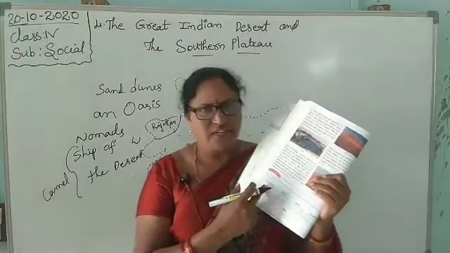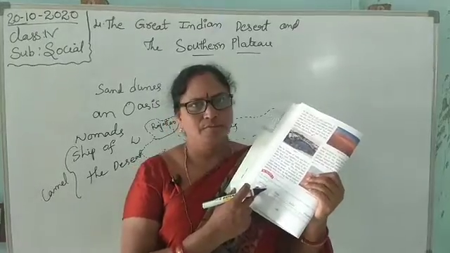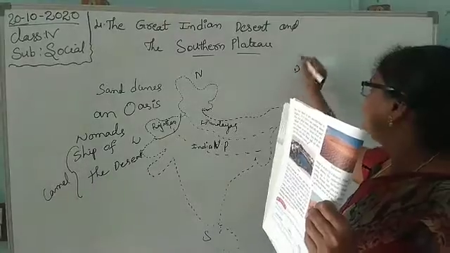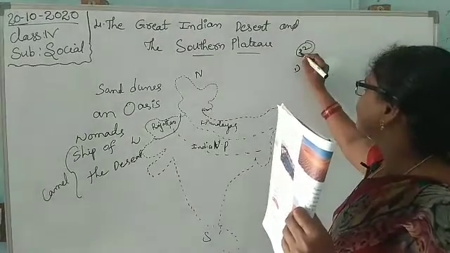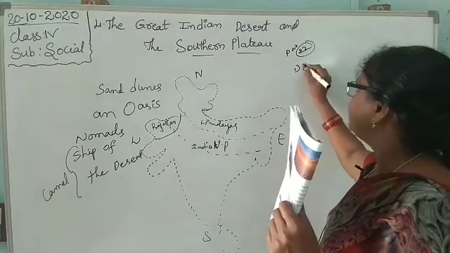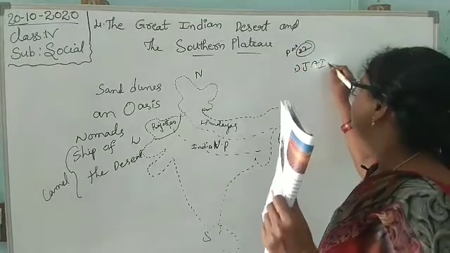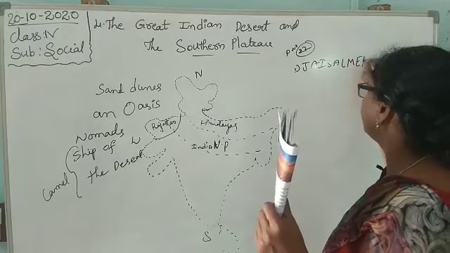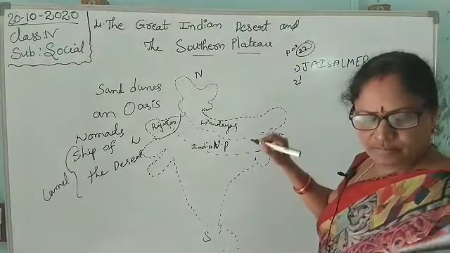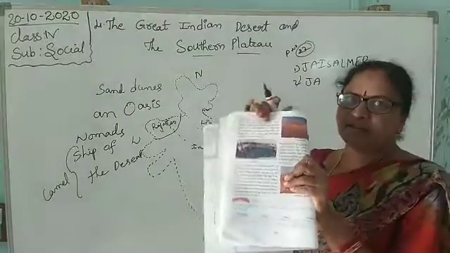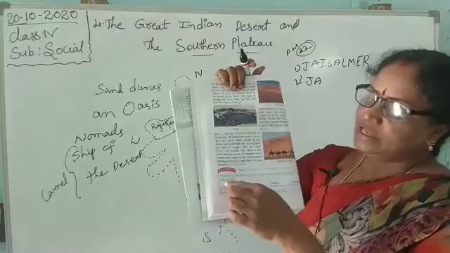First one is Jaisalmer. If you have textbooks, you can write them on page number 22. Here they have given some jumbled letters in these boxes.